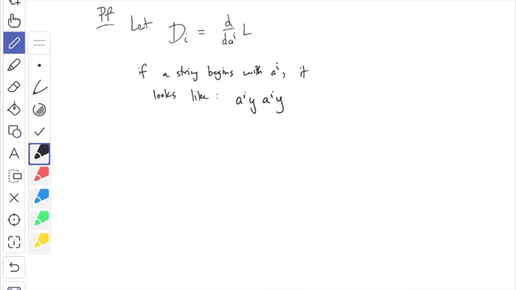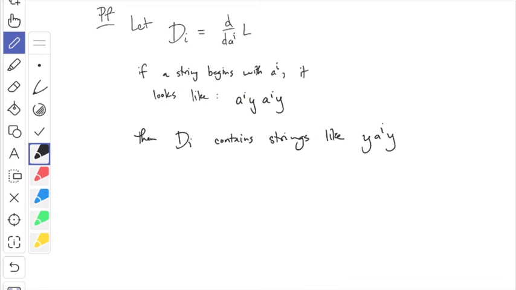Okay, and then DI contains strings like y, a to the I, y. Yay, with I A's in the middle, right? And those sets, DI, will all be different because D1 is the one with one A in the middle.